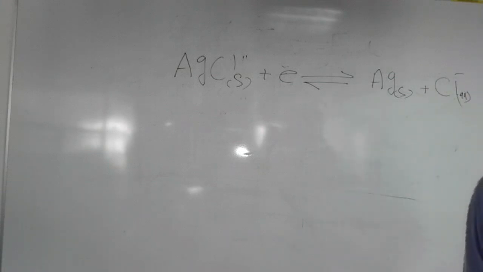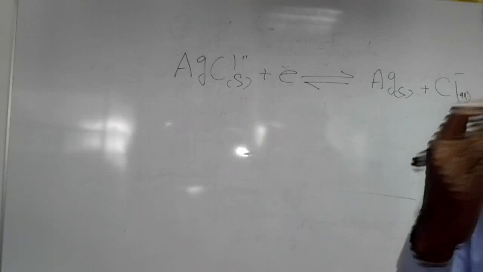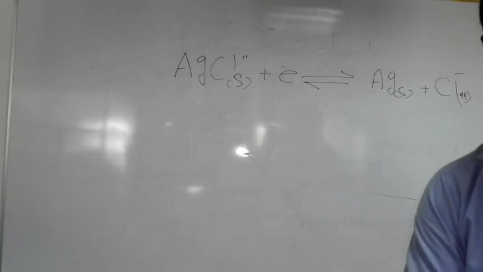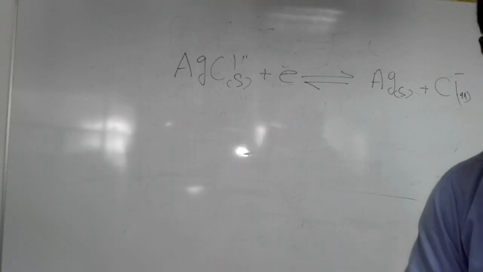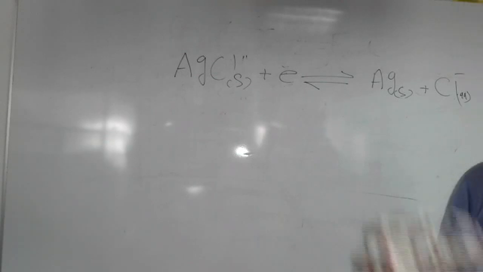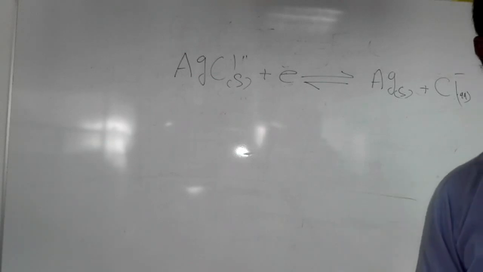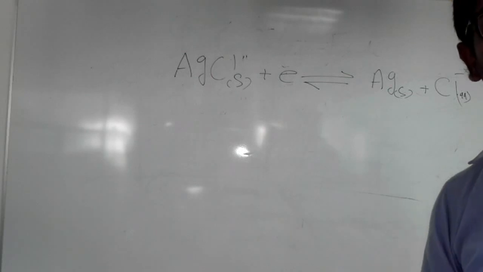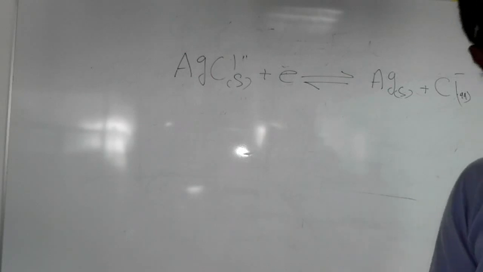To understand these two electrodes, we can study a previous exam question. Using that exam question you can get good knowledge about this. Now we go to the 2017 question number 10, part B, the electrochemistry part.